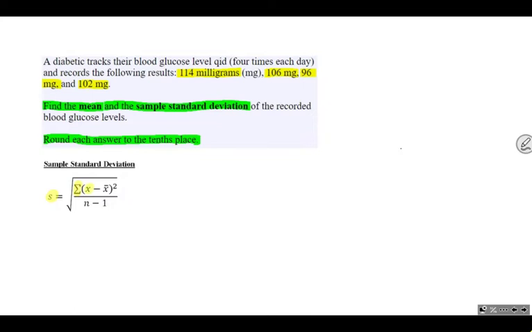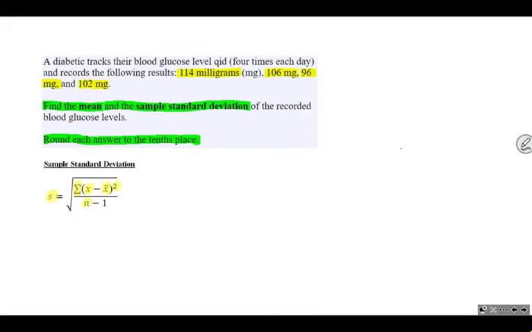Our x is just going to be each of our individual values that are given. So we'll start with 114. Next, we'll plug 106 in for that value. X bar is an interesting one here. X bar is another way of representing mean or average. And so what we're going to do here in the numerator of this fraction is we are going to subtract our average value from each of our individual values and add those all together after we have squared them.